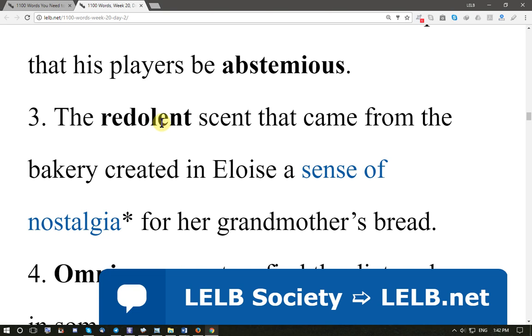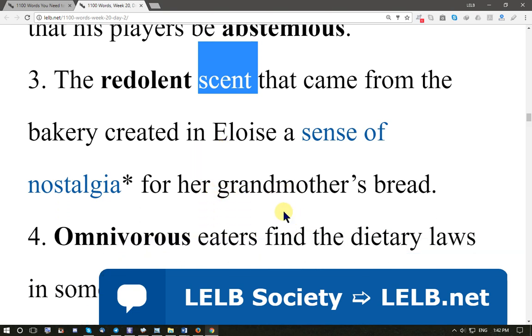Redolent or reminiscent scent also means a smell. Scent means a smell that came from the bakery shop, created a sense of nostalgia, or thinking about the past, or longing for the past, for her grandmother's bread.